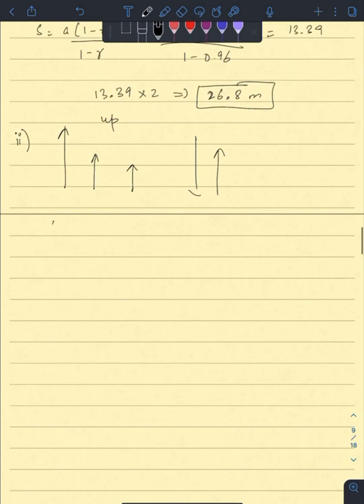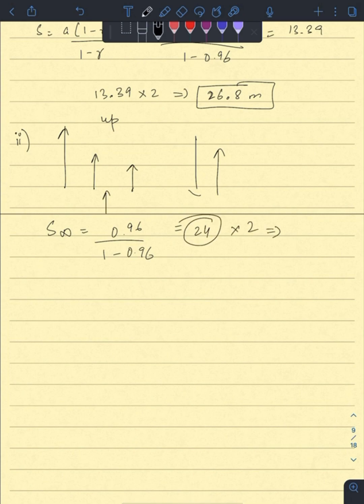So sum to infinity: 0.96 over 1 minus 0.96, you get 24. So I'll multiply this by 2 because we've just counted the upwards. I also have to count for the downwards. So we get 48. And that's it.